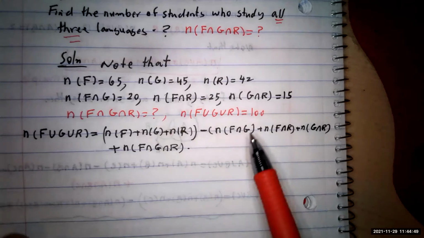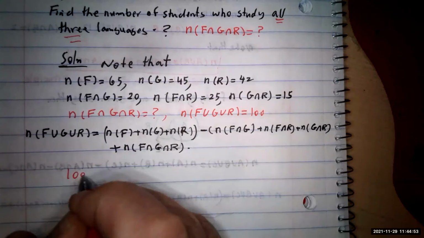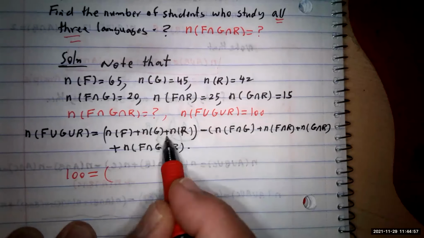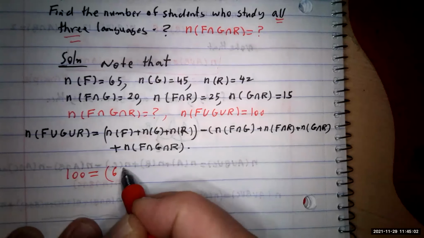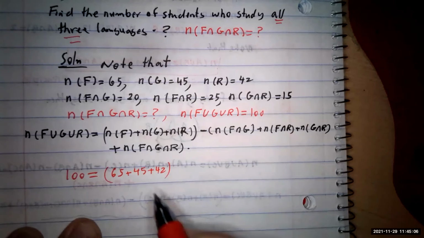So we just substitute. Okay, so this is 100 is equal to this is it. You have these numbers. Yeah, just put them in the parentheses and combine them together. That would be easy. That's it.